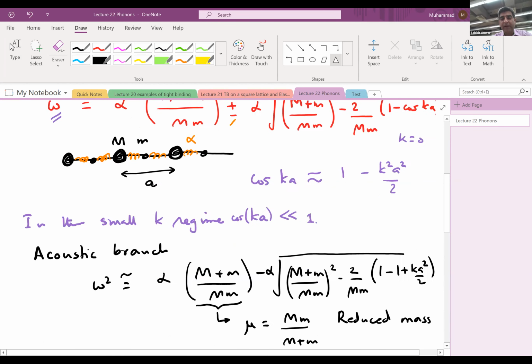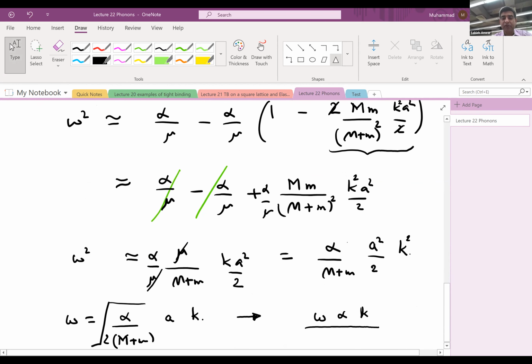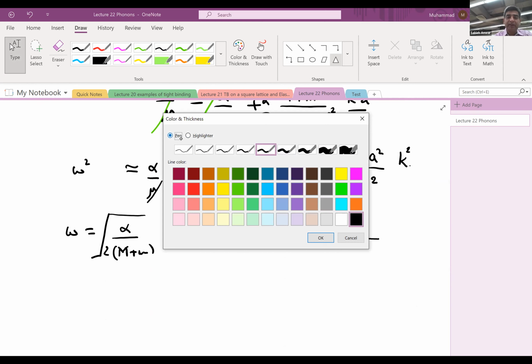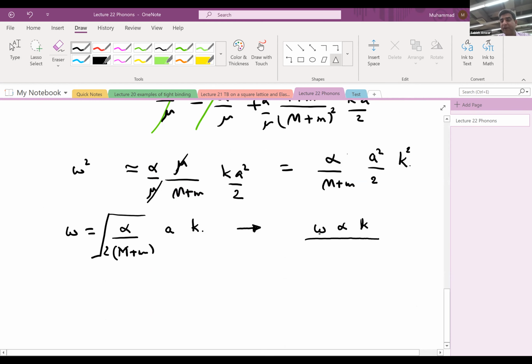And for waves like sound waves, we can also come up with a relationship between the omega and the velocity. And this is something that you learn from simple mechanics. The omega is going to be equal to the phase velocity of the sound wave into k. So this phase velocity is the speed of sound waves inside the solid.